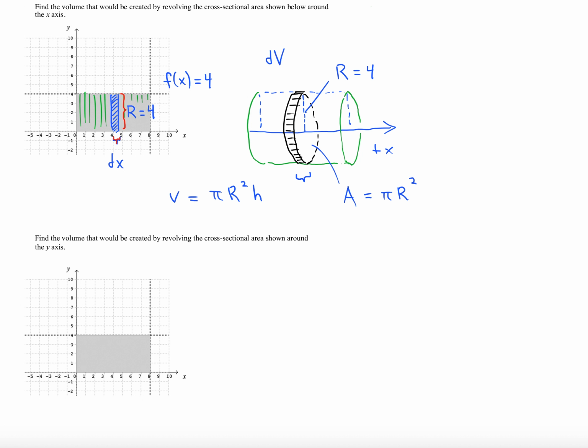Now sometimes in problems to come, we'll see that the radius of our typical shape will change depending on where you're located on the x-axis. We're not going to do one that complicated just yet. We're doing a simple cylinder one where the radius doesn't change. But if it were to change, then I would call this r of x, which means that the radius could be a function of x.